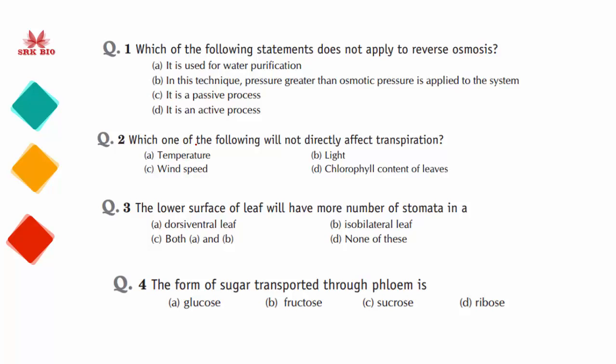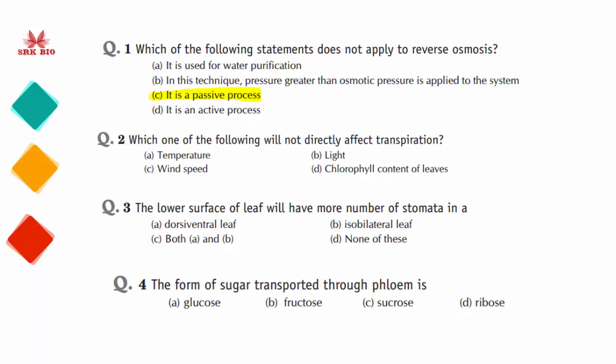So whether it is regular osmosis, the reverse osmosis, that doesn't matter. So for this one, the right option is it is a passive process, because water molecules move from the region of their higher concentration to the region of their lower concentration without expenditure of energy. Therefore, the right option for this one is option C.